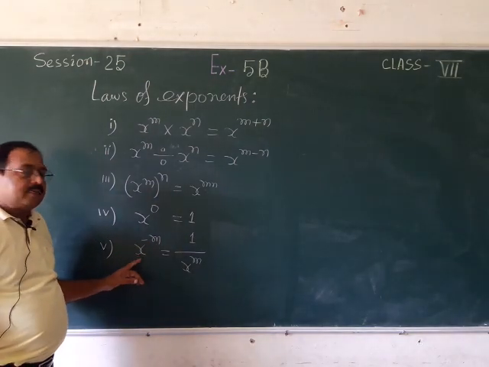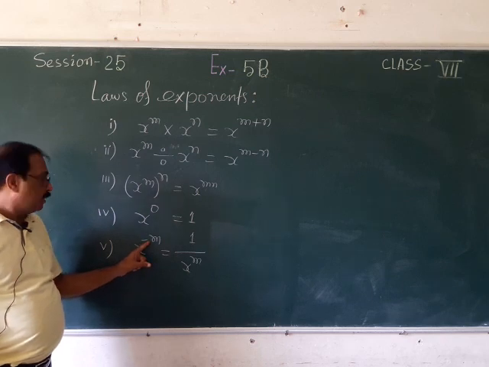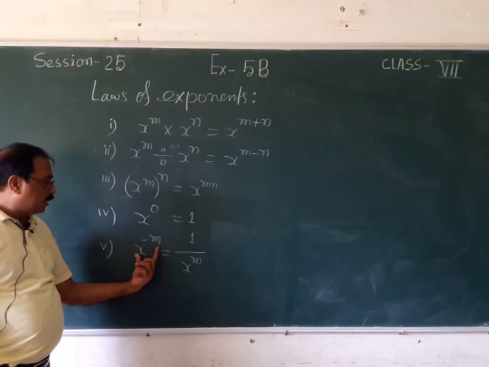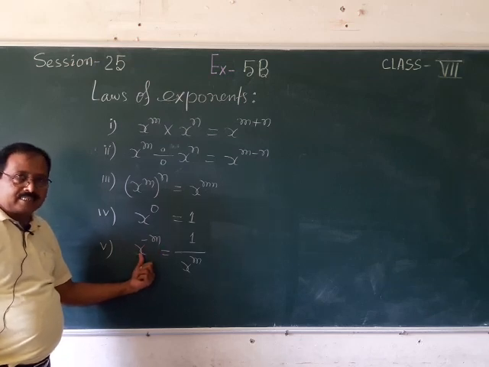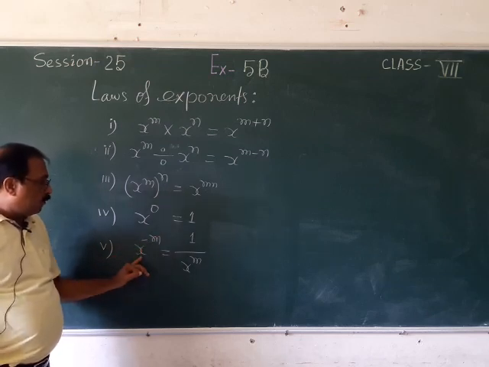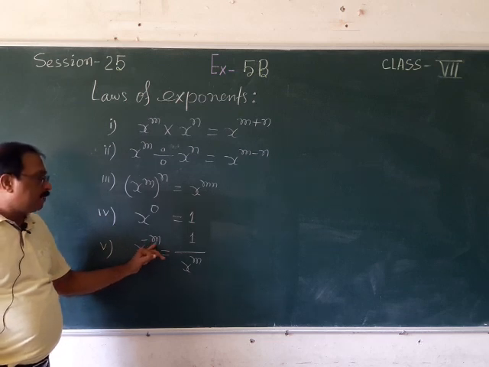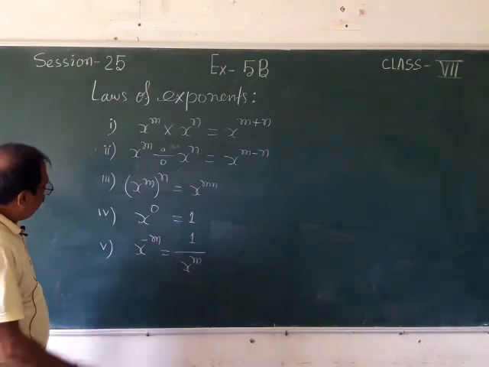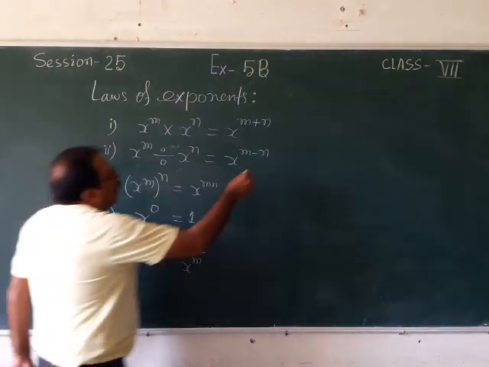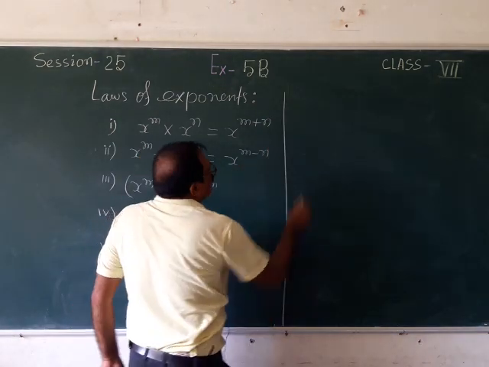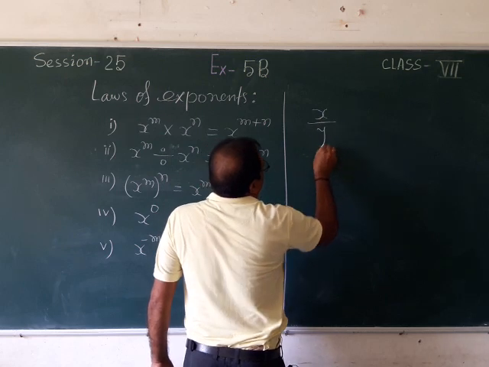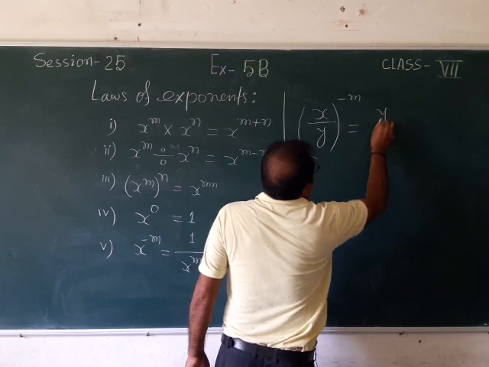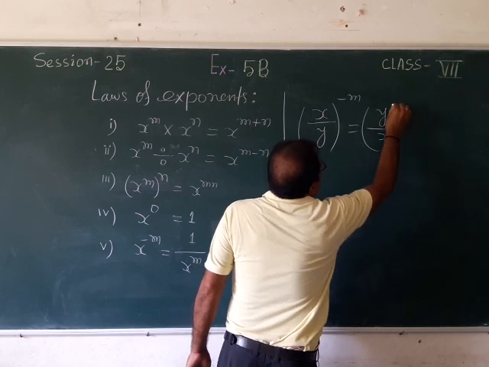If any number is having negative power, we have to write its reciprocal. So if it is written x to the power minus m, I can write 1 upon x to the power m. If I am writing x upon y to the power minus m, it can be written as y upon x to the power m.